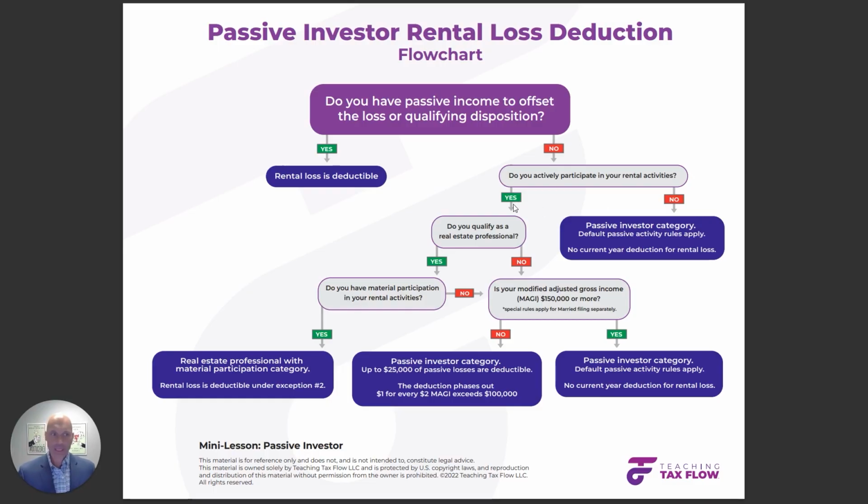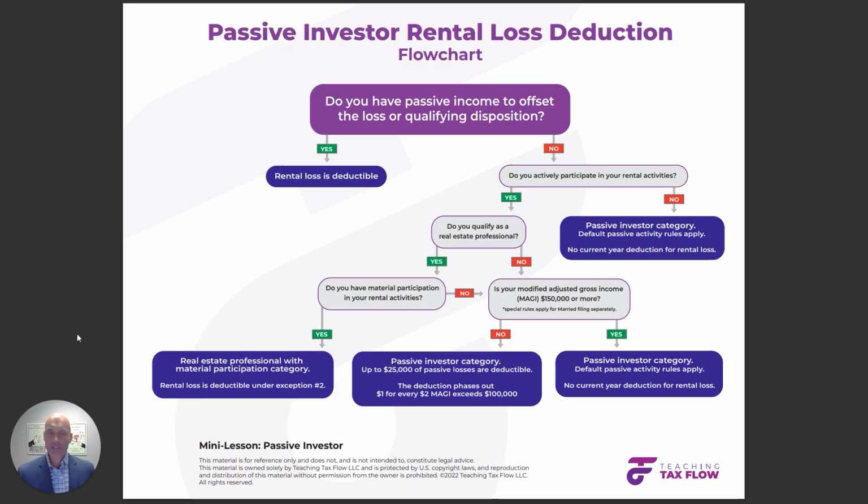If you have active participation, in your REP status, real estate investor, your real estate professional status, then we're going to flow down to ask, do you have material participation? If that's yes, then rental losses are deductible. If you're not REP status, then we have some income limitations on when you could deduct your passive losses. And these income limitations are here.